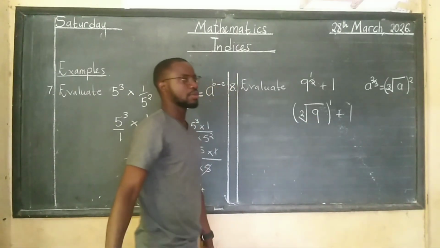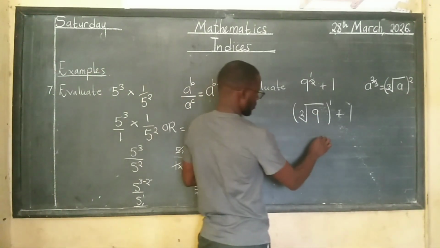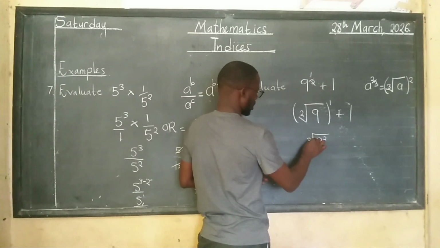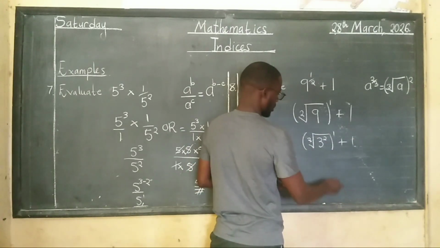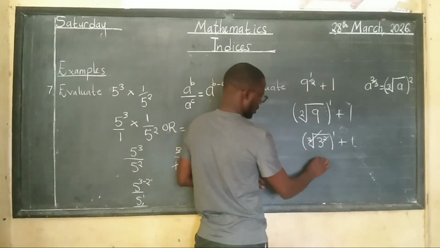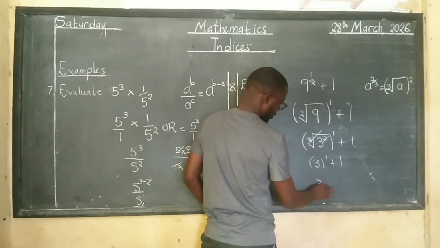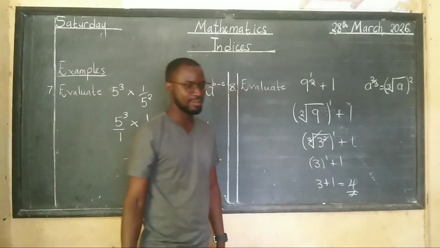Here I can express 9 as a power of 3. So this is going to be 3 to the power 2, then here is the 2, 1 plus 1. So this will cancel with this, and I have 3 to the power 1 plus 1, which is just 3 plus 1, which is 4.